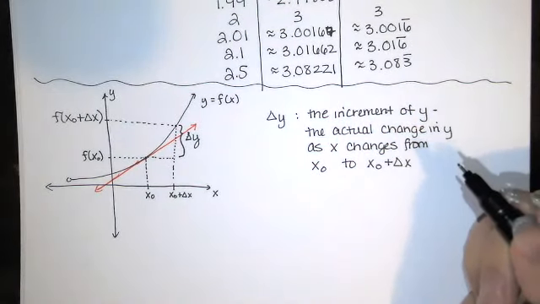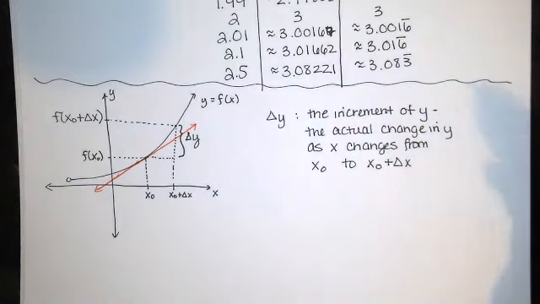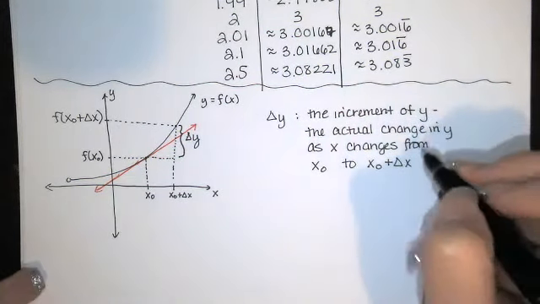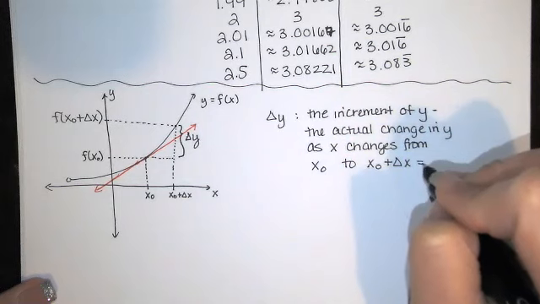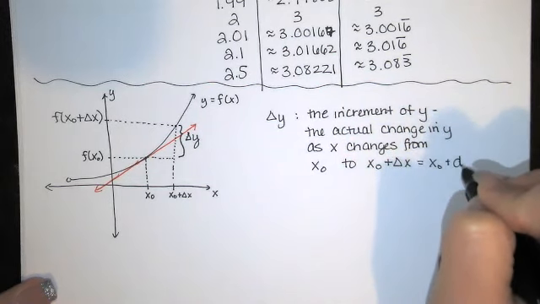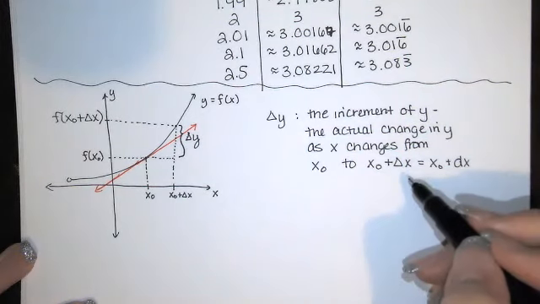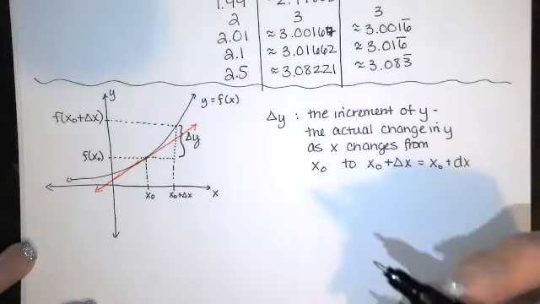Now, delta x in this application is often used interchangeably with dx. I know a lot of math people have a problem with it because dx is supposed to be a differential. It's supposed to be infinitely small, but we're not saying that in this context. We're saying in this context, delta x and dx are going to be the same thing.